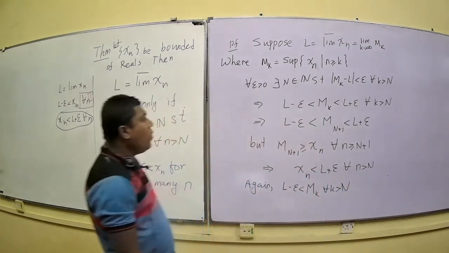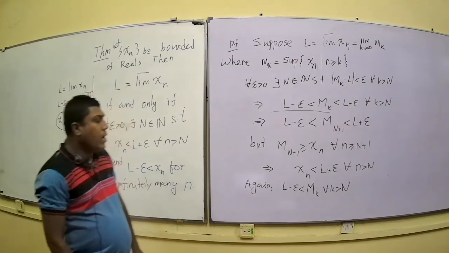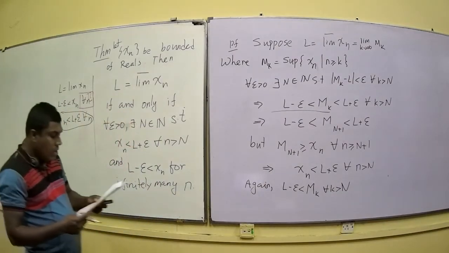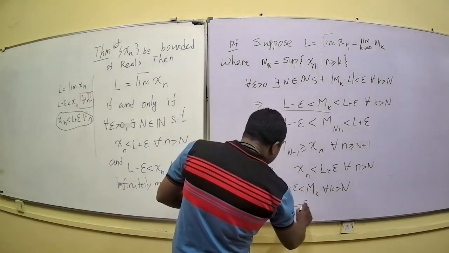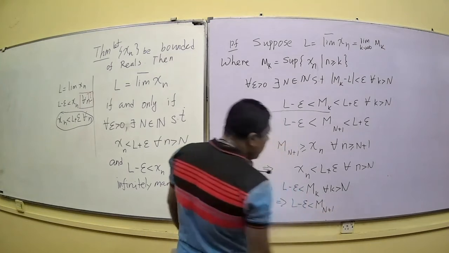The other side of the inequality you have here is L minus epsilon is less than Mk, right? So this gives L minus epsilon is less than M_{N+1}.